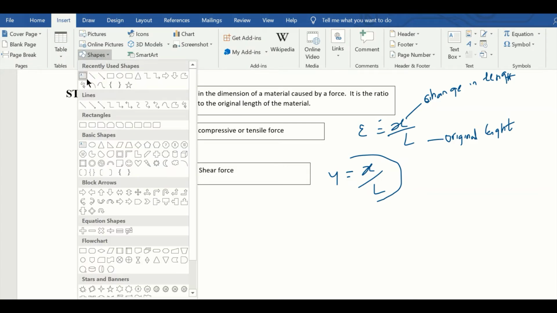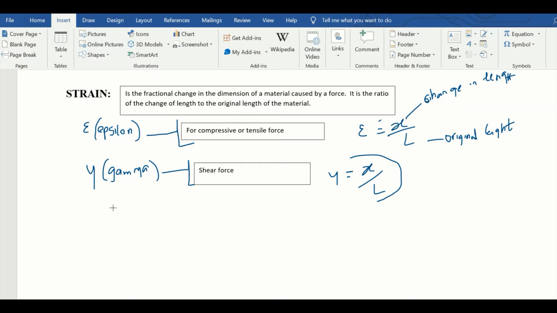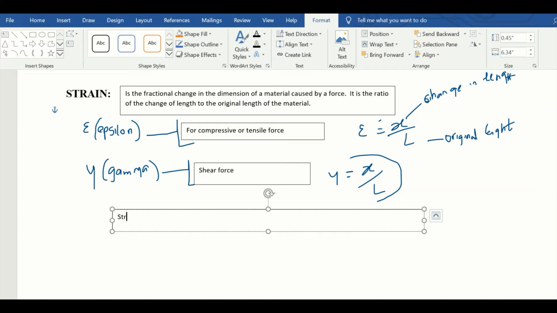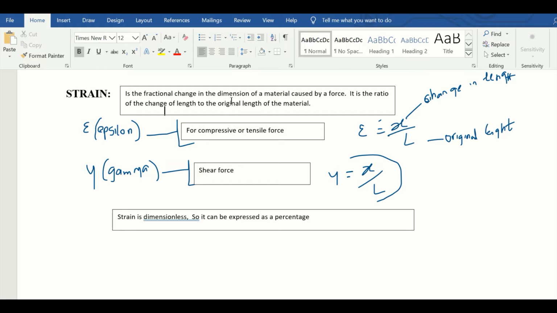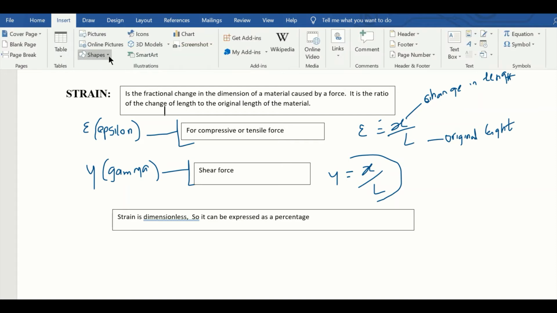I want us to also note that strain is dimensionless. That means that strain has no unit. So we can express strain as a percentage. Sometimes we might be asked to find the percentage strain.